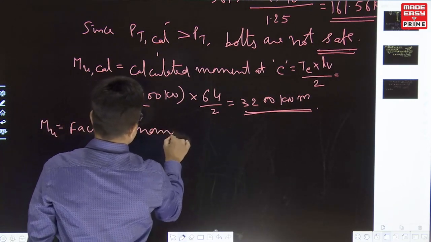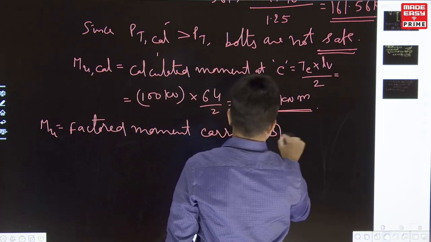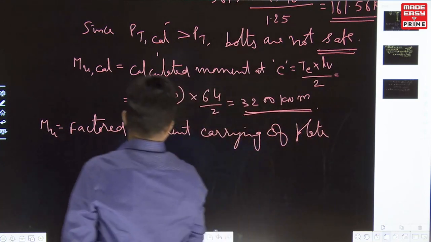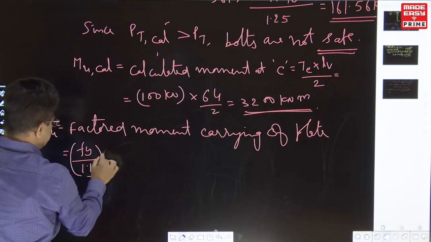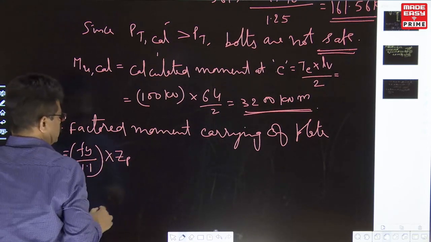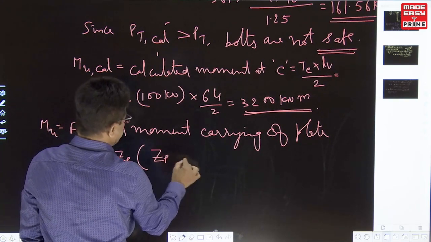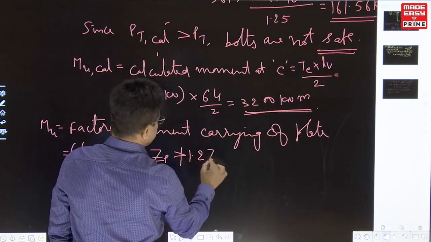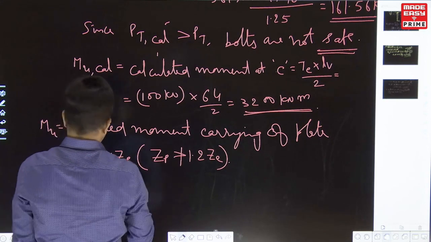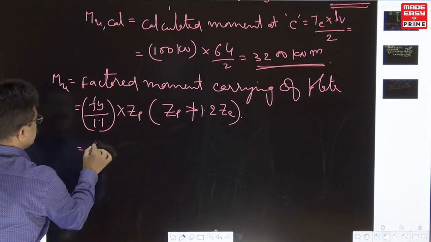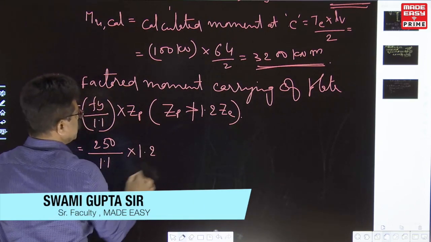Then MU, the factored moment carrying capacity of plate, is Fy by 1.1 into Zp. Zp should never be greater than 1.2 times Ze, so we will write 1.2 times Ze only. Fy is 250 by 1.1 into 1.2 Ze.